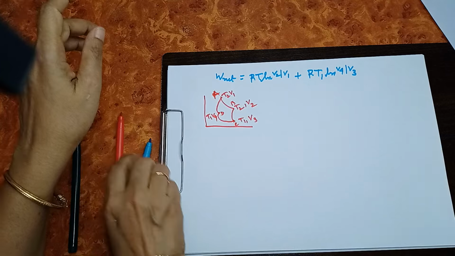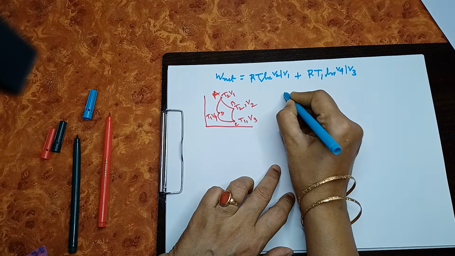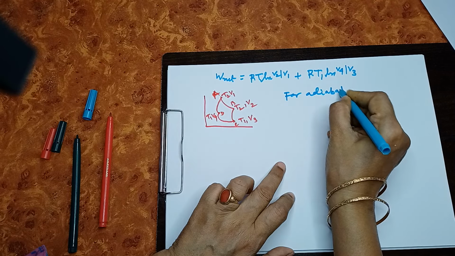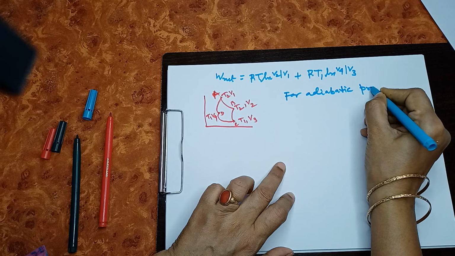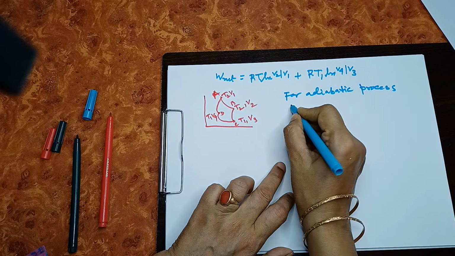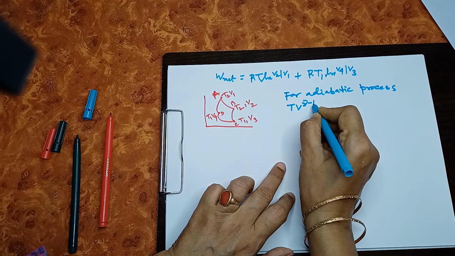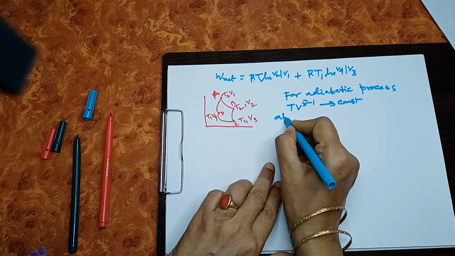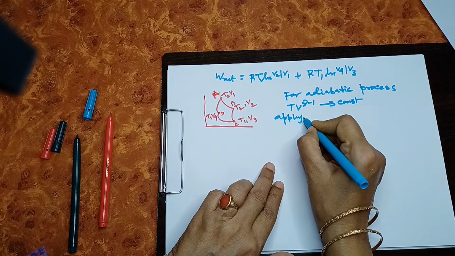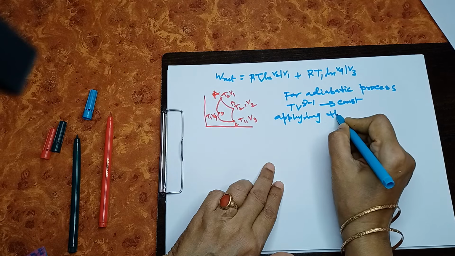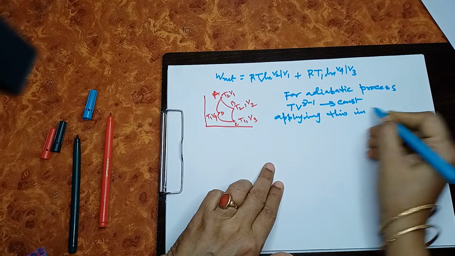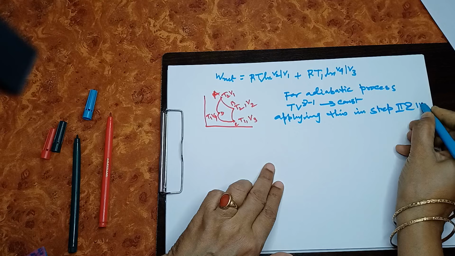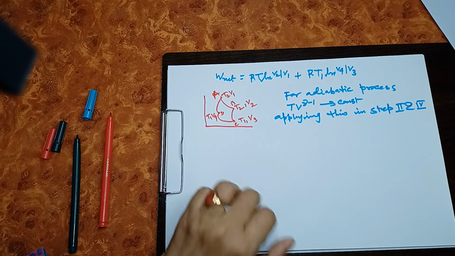Okay. Now we know that for adiabatic process, expansion or contraction, TV to the power gamma minus 1 is constant. So applying this in step 2 and step 4. Okay. Then what will it be?